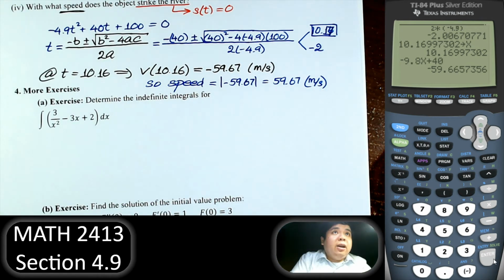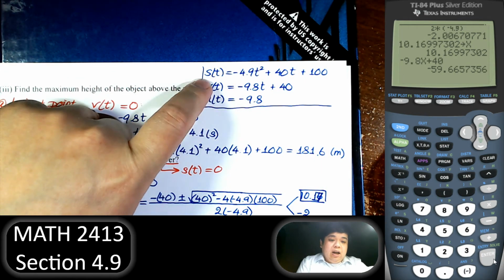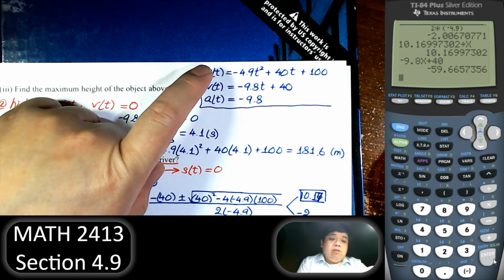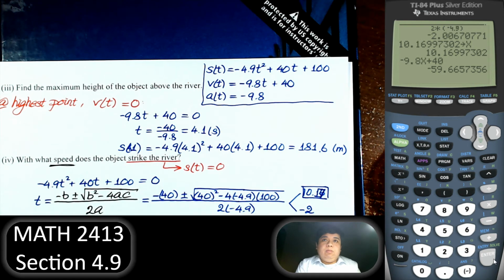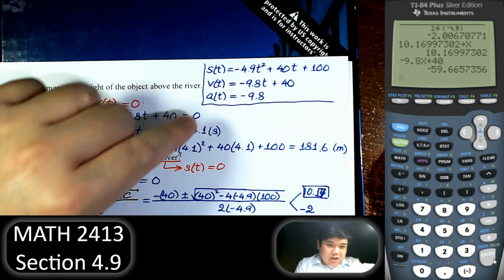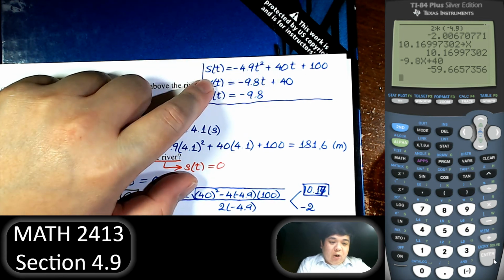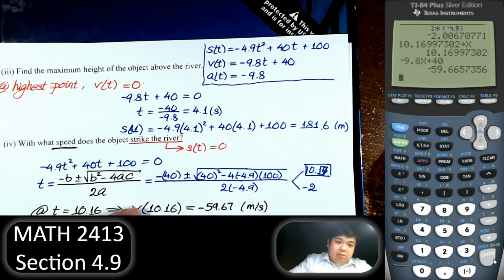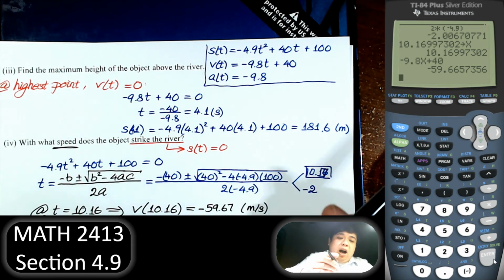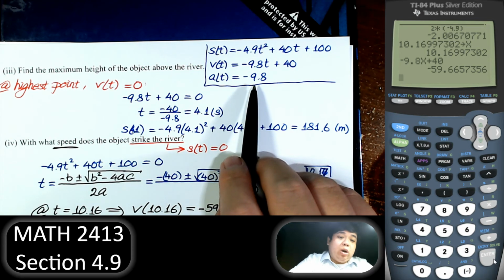Right. So that is the application. Once again, acceleration is the derivative of velocity. Velocity is the derivative of the position function. Now, if we are given the gravity or acceleration due to gravity, usually it is negative 9.8.